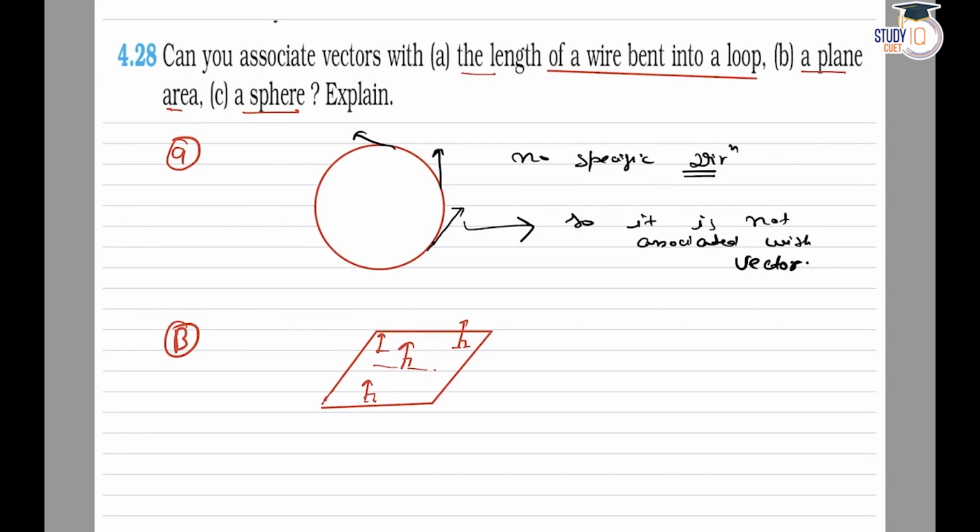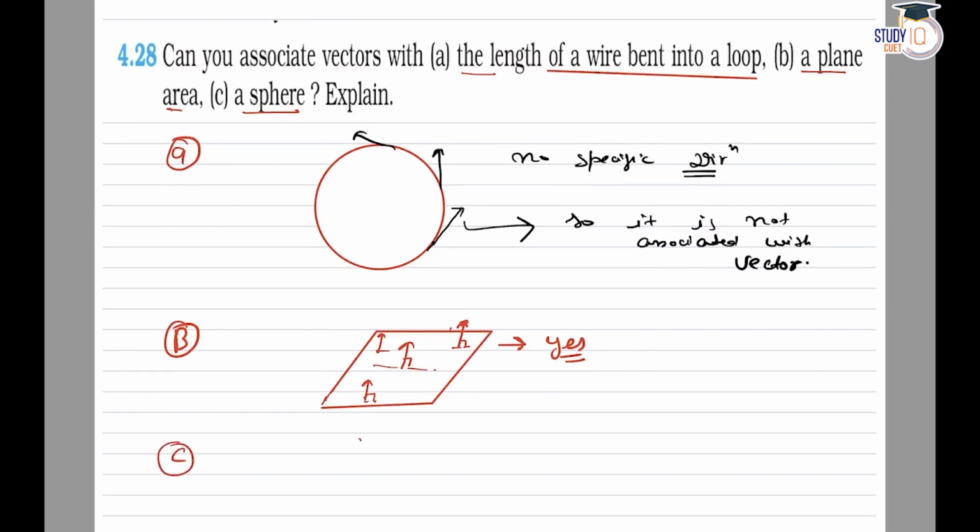In this case, there is a specific direction which is perpendicular to the surface. So we can associate a vector with this. Yes, we can associate a vector with plane area, because at each point the area is perpendicular to the surface.